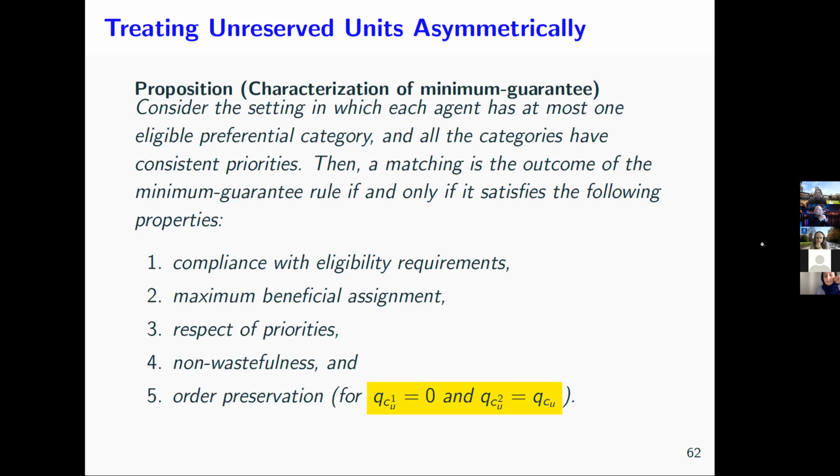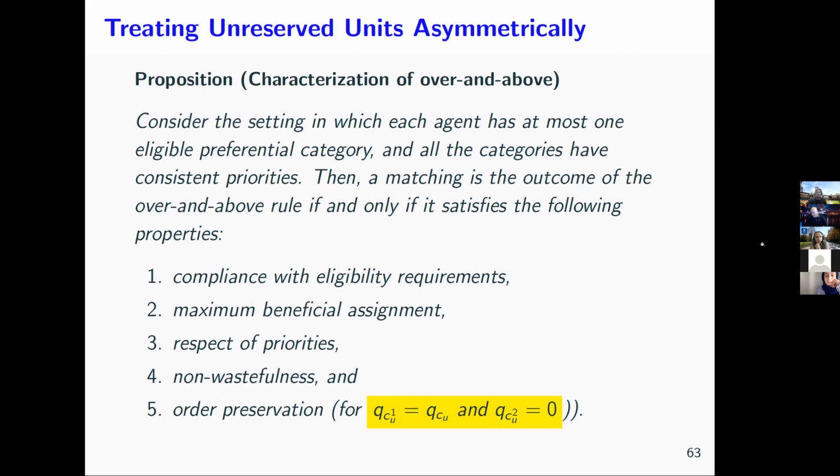We get a similar kind of mirroring characterization result for the case of over and above. The only difference now is that the order preservation is with respect to a different configuration, where all the unreserved units are required to be processed as early as possible.